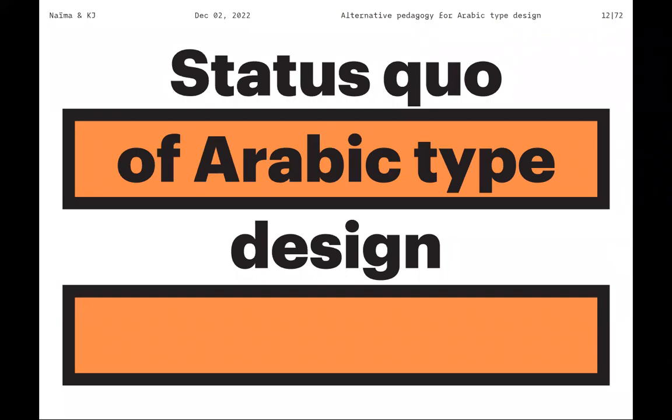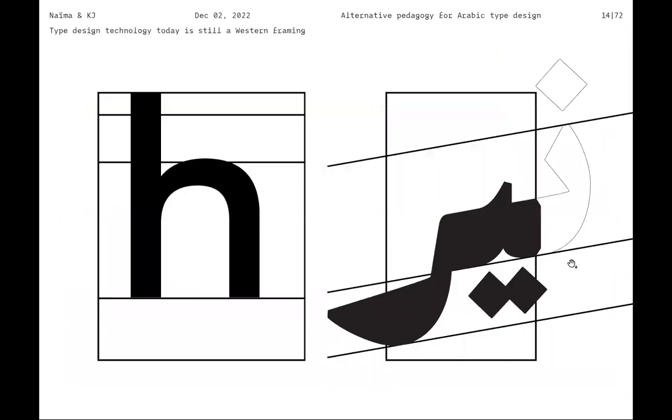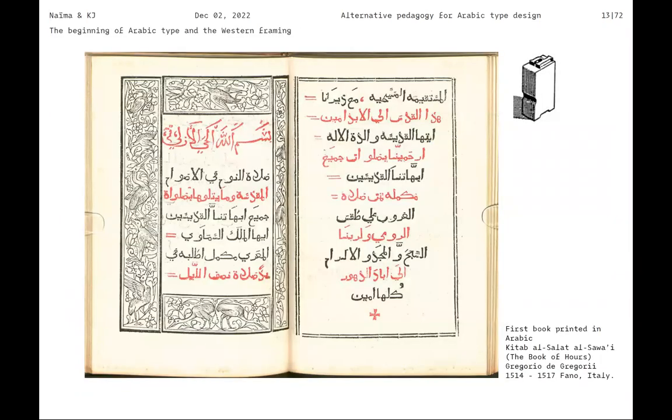So the way this started was that, in general, the status quo of the Arabic type design, as it is now, started when, I mean, typography starts with printing, and printing started with Gutenberg, and Gutenberg created this systemic way of creating the letter forms, which is the letterpress metal type.